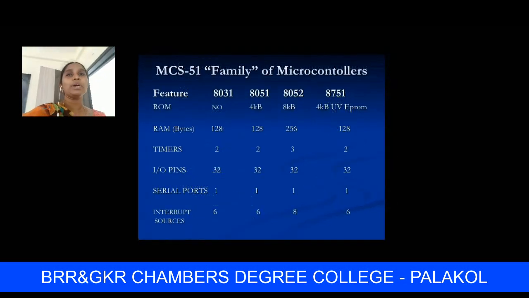Next, coming to the families of microcontrollers. Some families are 8031, 8051, 8052, 8751. Coming to the features, ROM: the 8031 has no ROM, but 8051 has 4 kilobytes of memory, 8052 has 8 kilobytes of memory, and there are also 4 kilobytes of UV-EPROM in 8751.